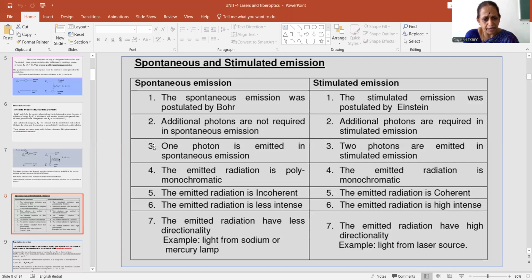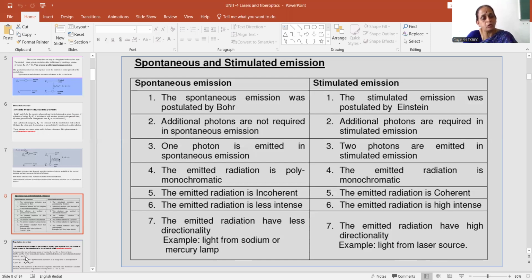The emitted radiation has less directionality, whereas stimulated emission has high directionality. An example for spontaneous emission is the light from a sodium or mercury lamp, whereas in the case of stimulated emission, the laser is the example.